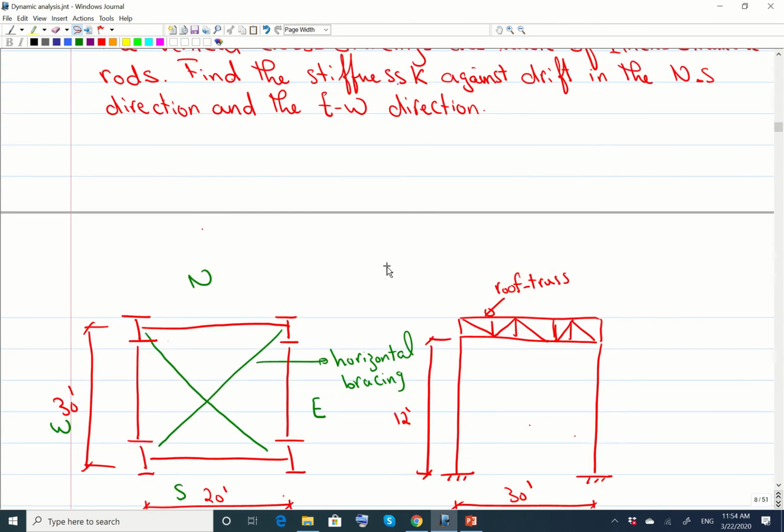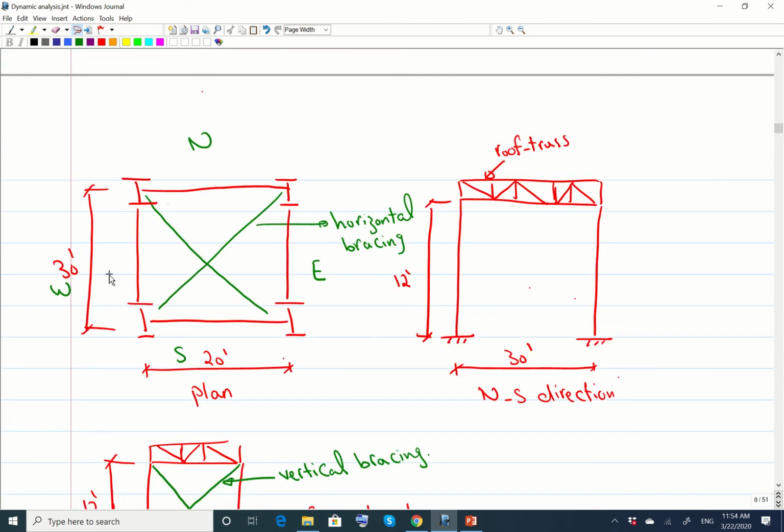And this building, okay, to resist the horizontal force that comes from an earthquake, for example, we have two systems. So this is the north-south direction, west-east, okay? So west, east, north, south.